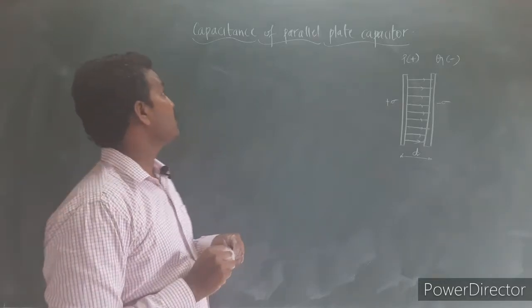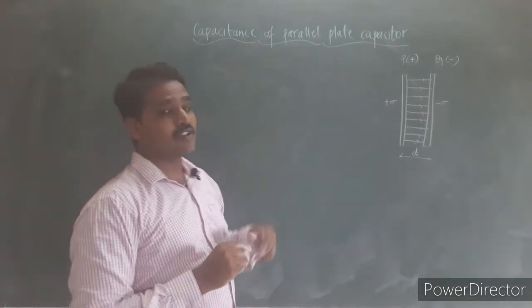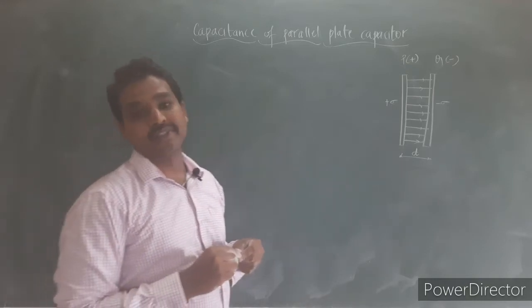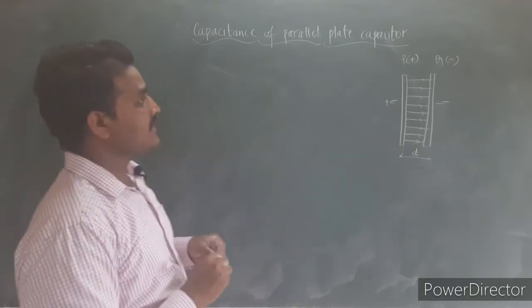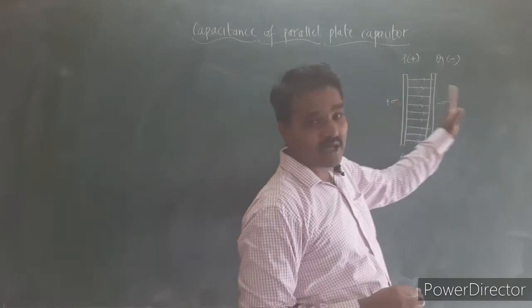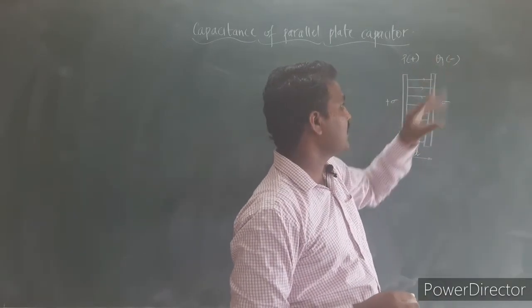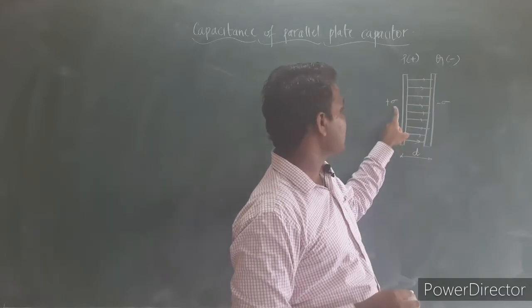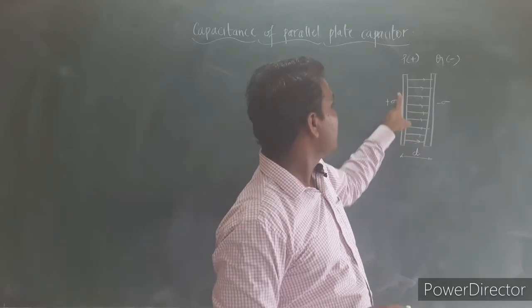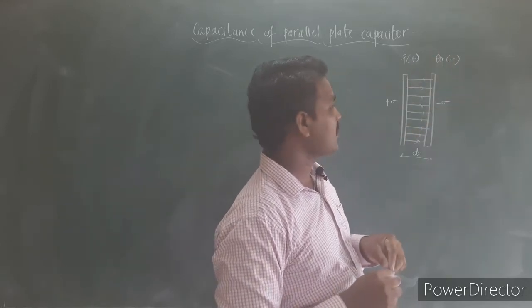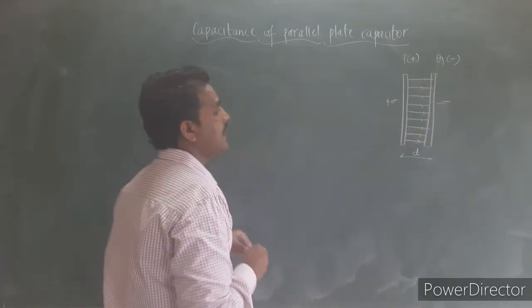Now let us derive the expression for capacitance of a parallel plate capacitor, which regularly arrives for 3 marks. Let us consider two identical parallel plates P and Q. Let P be positively charged and Q be given a negative charge, and the surface charge density on plate P is plus sigma and that on Q is minus sigma.